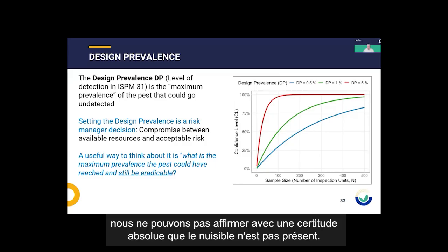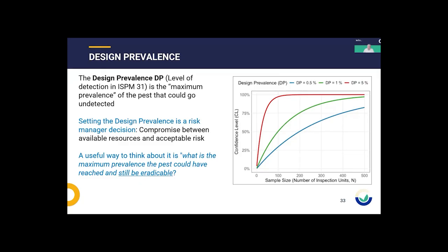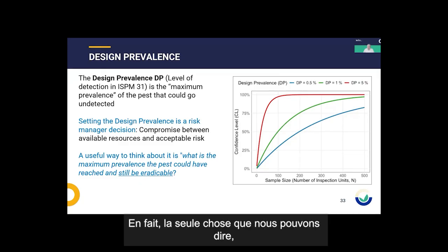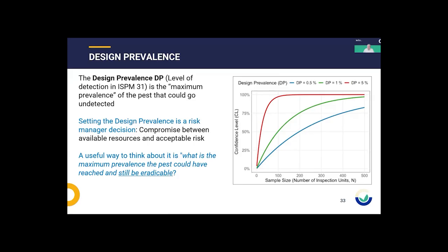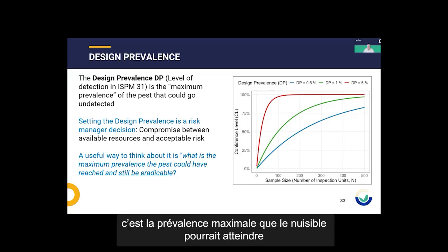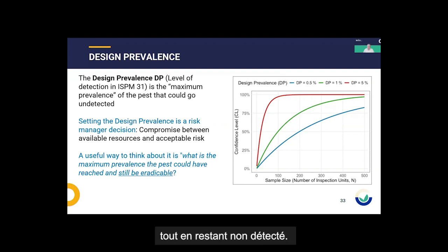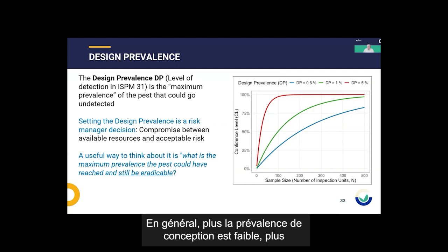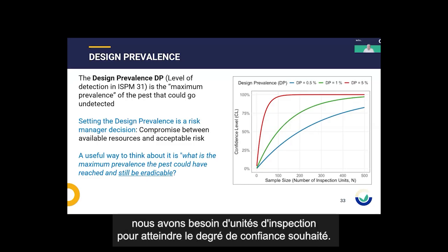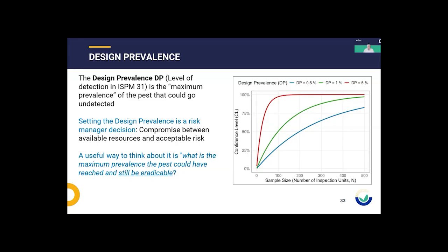We cannot say with 100% certainty that the pest is not present. So the only thing we can say is the maximum prevalence that the pest could reach, but still remain undetected. In general, the lower the design prevalence, the more inspection units we need to reach the desired level of confidence.